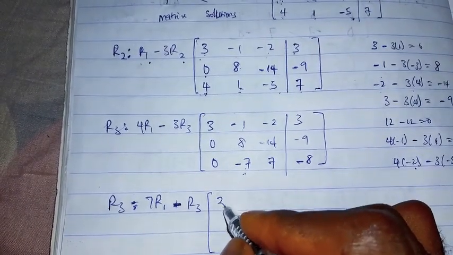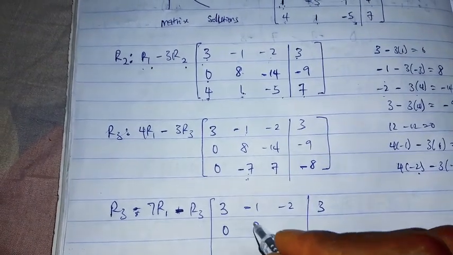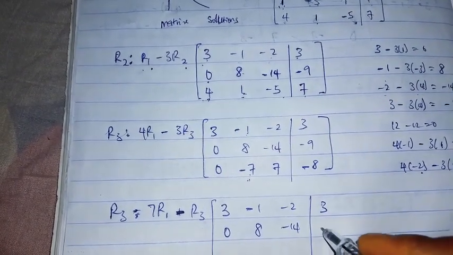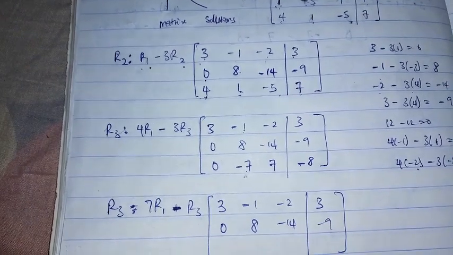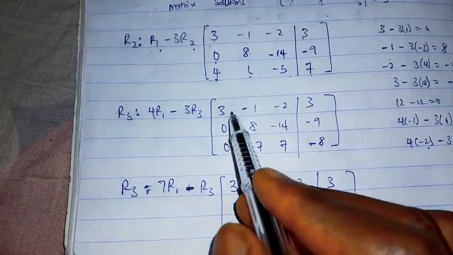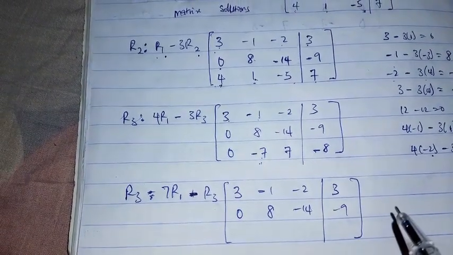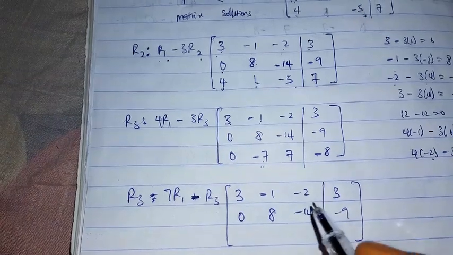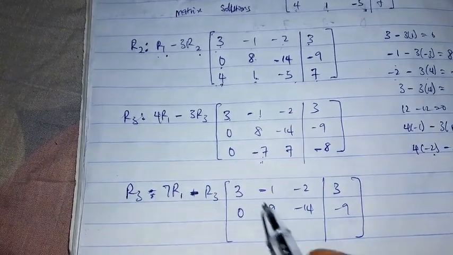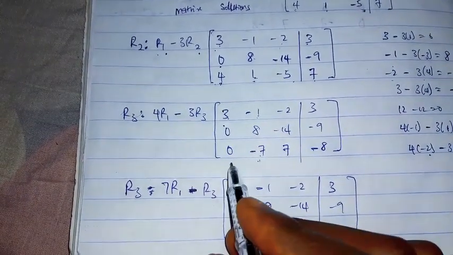So how does it now become? Row 1 remains the same thing. Row 2 remains the same thing. Now row 3 becomes 7 row 1 minus row 3. So that's 7 times this, that's 21, minus 0.